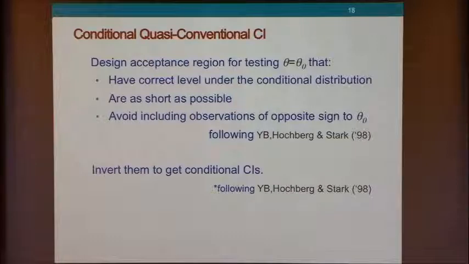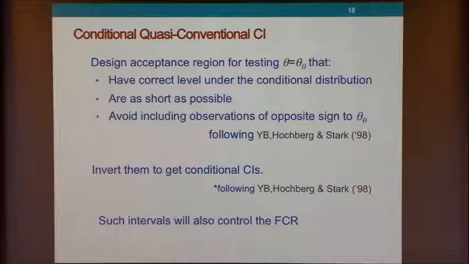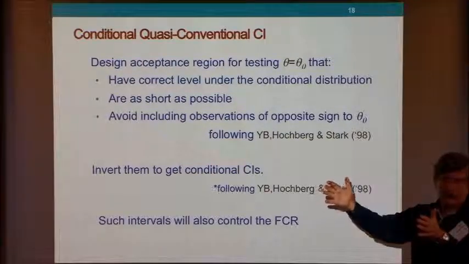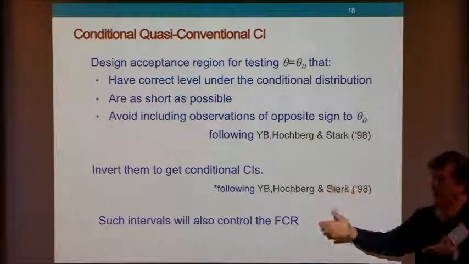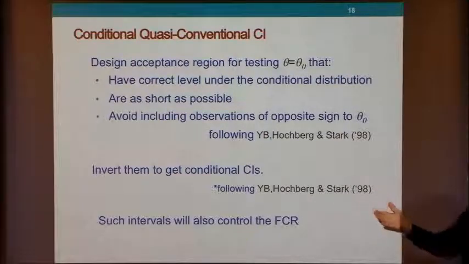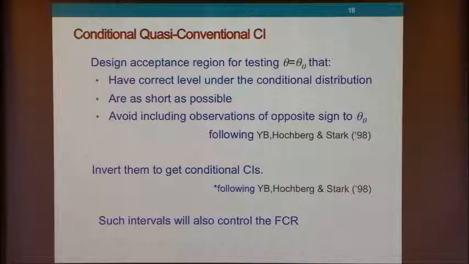And then we invert this to get the conditional confidence interval. And the point is that since we designed them conditionally, they control the false coverage rate, because they are each one separately, and when I average, each one of them has the right coverage. When I average them, they're fine. So we overcame the problem of selection by defining for the selected, based on the property that they were selected.